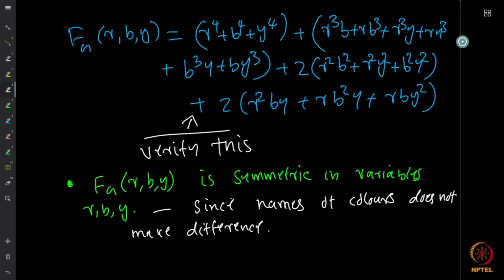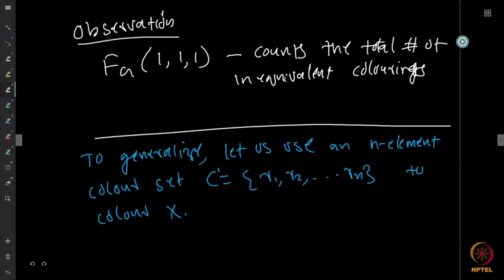So you get 1 plus 1 plus 1 here, then you have again 1 plus 1 plus 1 plus 1 plus 1 plus 1, right? 2 into 1 plus 1 plus 1, and 2 into 1 plus 1 plus 1, right? So altogether, what will you get? Okay, see what you will get there, and you should get the total number of inequivalent colorings, right?